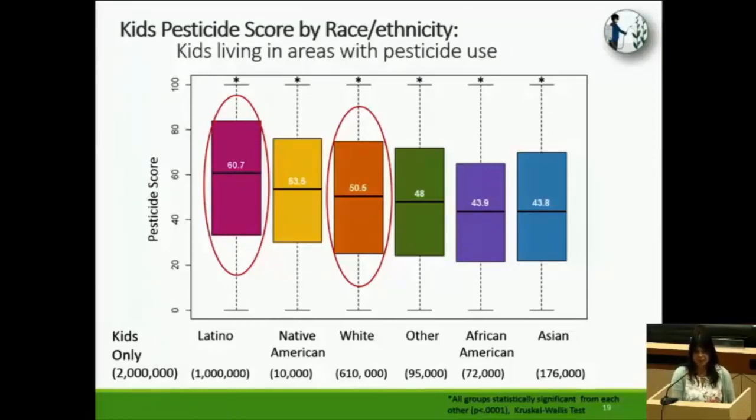You know, the Native American population is actually only 10,000 people in this area, so it might not be as meaningful to interpret, but we saw that the median pesticide score for Latino children was 60 compared to 50 for white, and again, they were significantly different from each other.